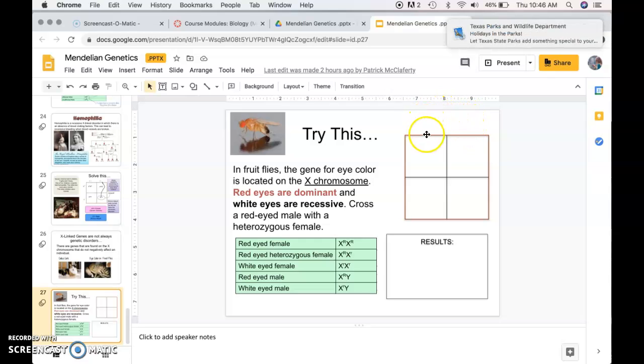So it'd be X big R and Y. And a heterozygous female, so X big R, X little r. I would fill this in, and I'm going to let you practice that on your own. Pause this video here so you can figure out if you got it right.